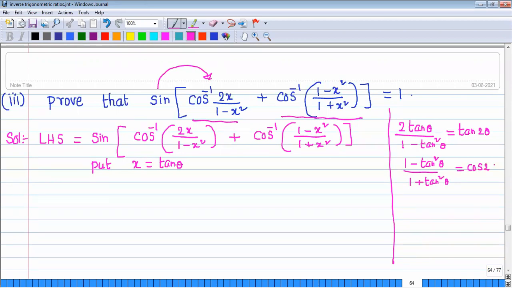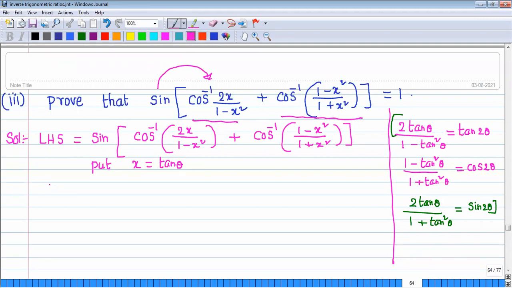And one more formula we have, for our revision sake: 2 tan theta by 1 plus tan square theta is equal to sine 2 theta. You remember all these formulae. It's very, very important.